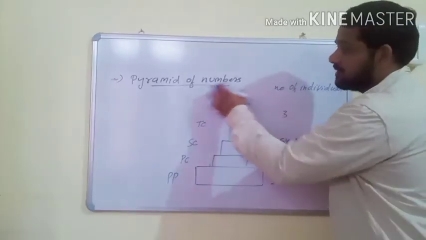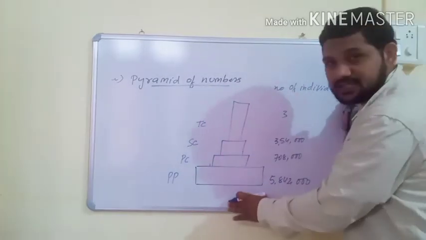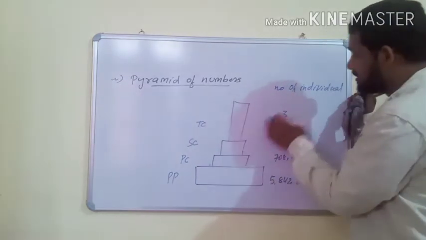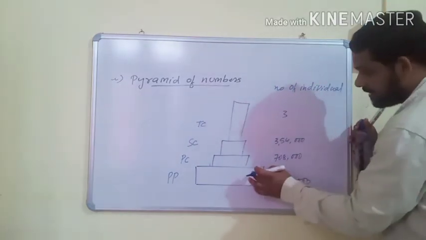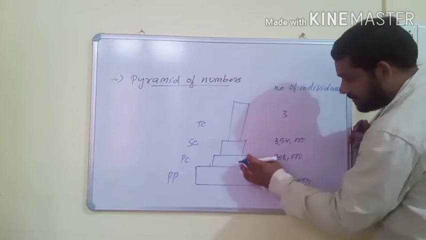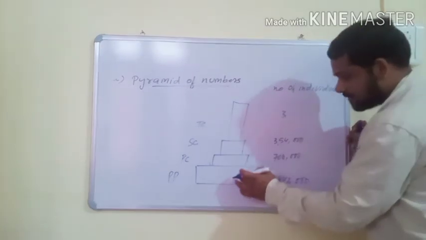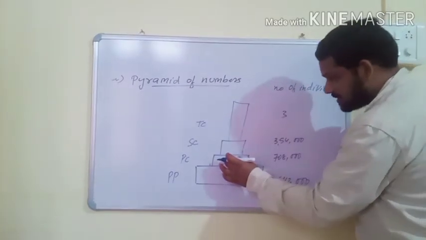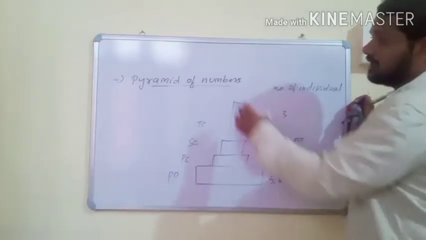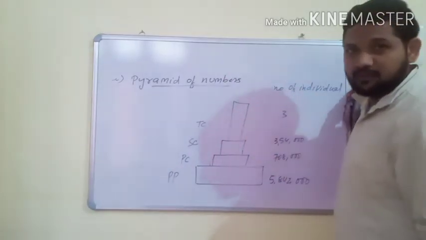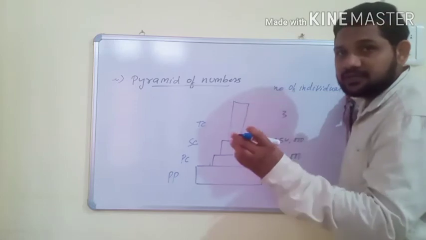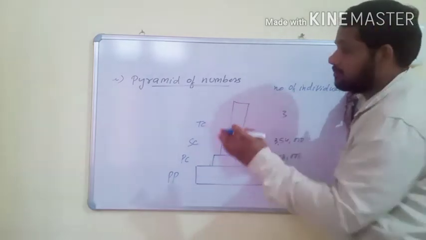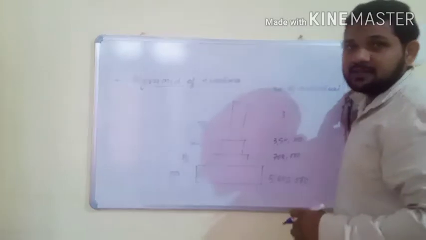This is called pyramid of number. The graphic representation of number of individuals per unit area of different trophic levels, sequence wise, producers at base, herbivores at middle, and carnivores at top, is known as pyramid of number. So number of individuals को graphic representation बनाने से इसका नाम है pyramid of number.